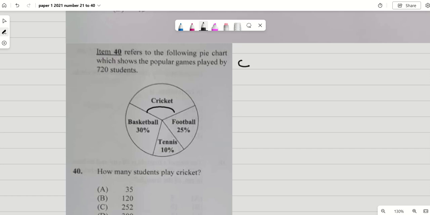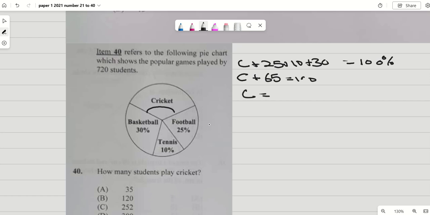So cricket plus 25 plus 10 plus 30 is equal to 100%. 25 plus 10 is 35, 35 and 30 is 65. So C plus 65 is equal to 100. So C is equal to 100 minus 65, which is 35%.